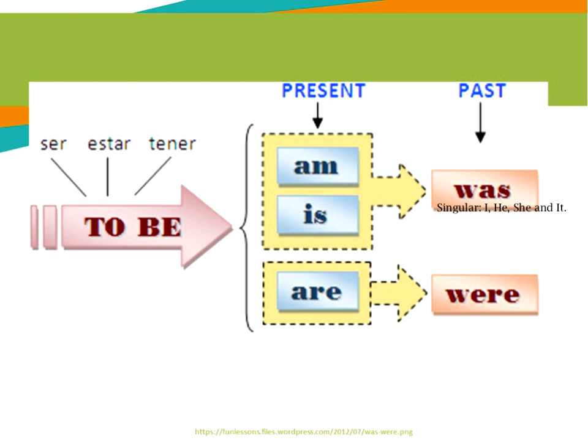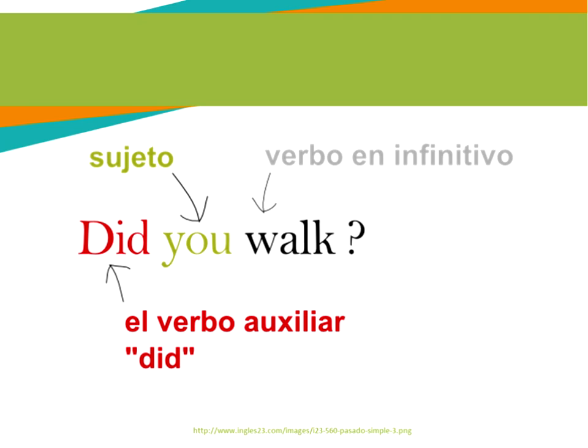But check that here, the verb to be means ser, estar, or tener. But check something that happens in English. Tener is have. Don't forget that. It's not be. Now, I want to make questions.